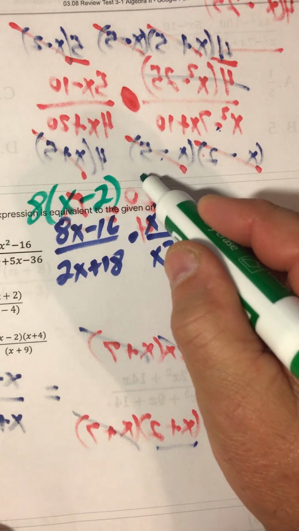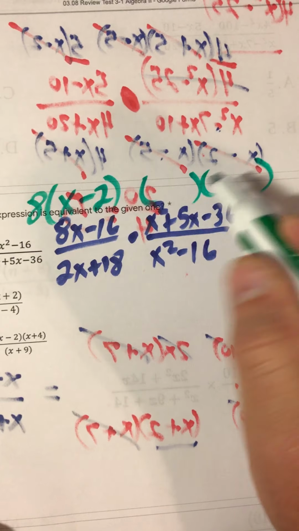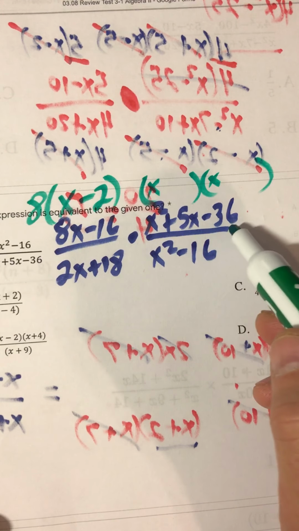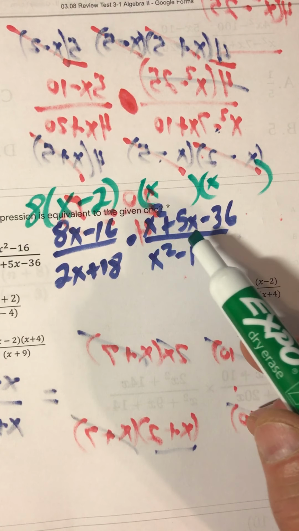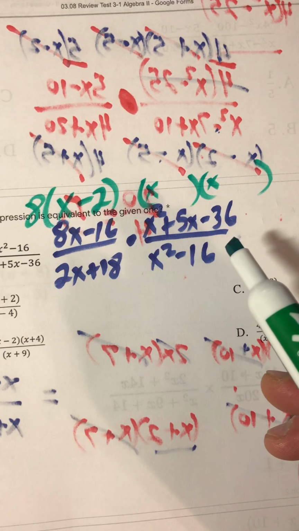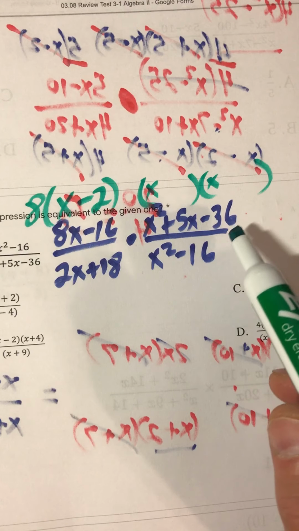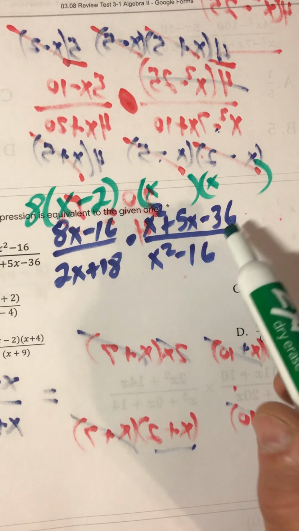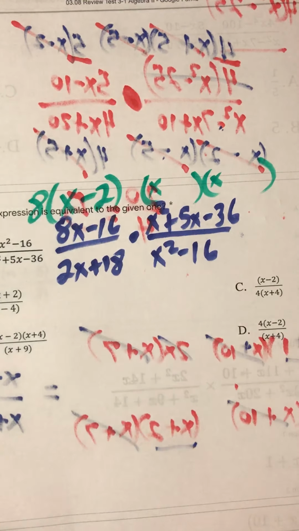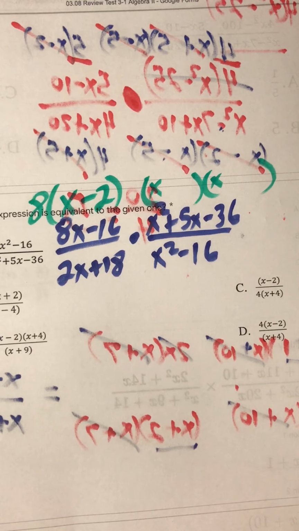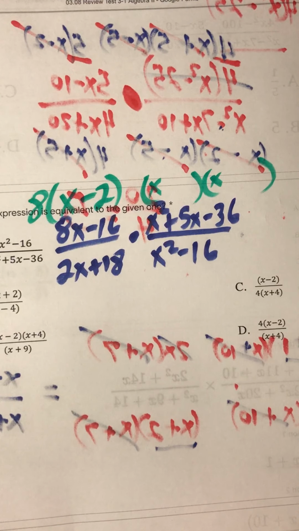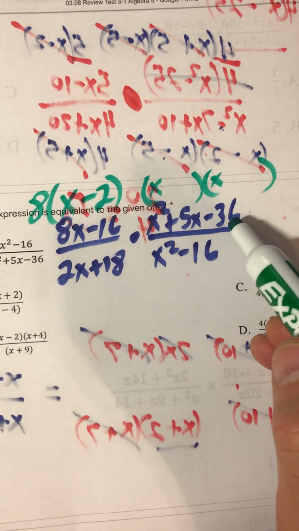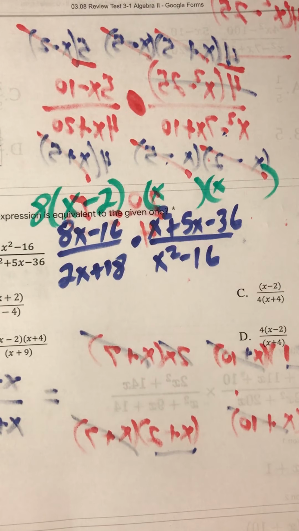I'm going to set up regularly factoring here. x, the factors of 36 that get 5. 1, 2, 3. Let's see if 3 goes into 30. So 3 and 12. Let's see what 36 divided by 4.